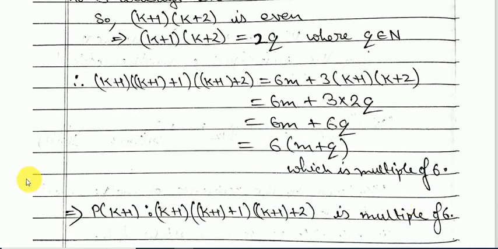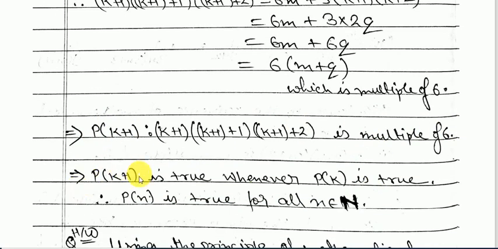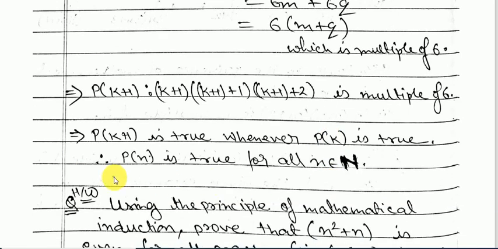Thus you have shown that the statement is true for k plus 1, whenever you assume the statement is true for k. So you have been able to show that the statement will always be true for any natural number.